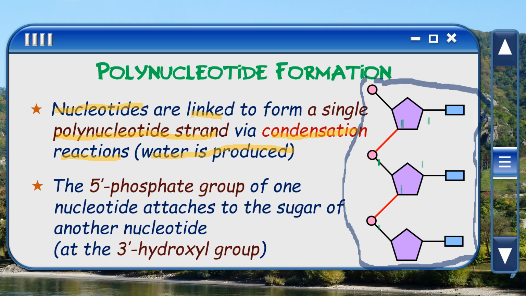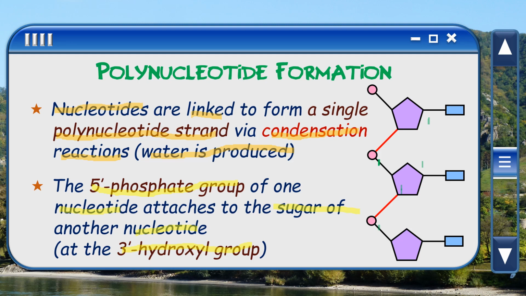We are saying the 5-phosphate group of one nucleotide attaches to the sugar of another nucleotide, and that is at the 3-hydroxyl group. So let us look at that one. We are going first of all to look at the different carbon atoms so that we can know exactly where we are looking at and what we are talking about. We are saying that a 5-phosphate group.